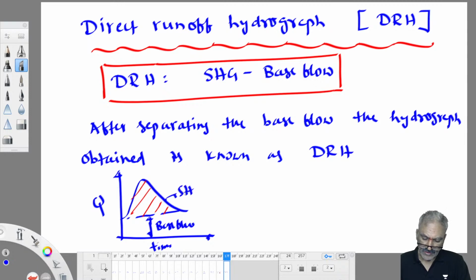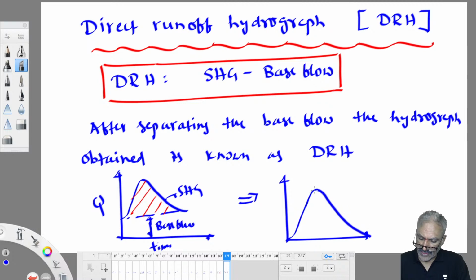This total is the storm hydrograph only. After separating the base flow, only this portion you take, and that is called the direct runoff hydrograph.